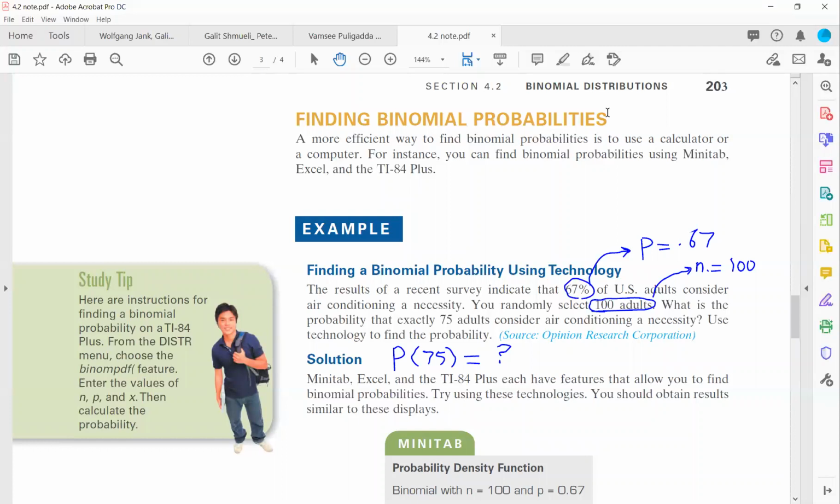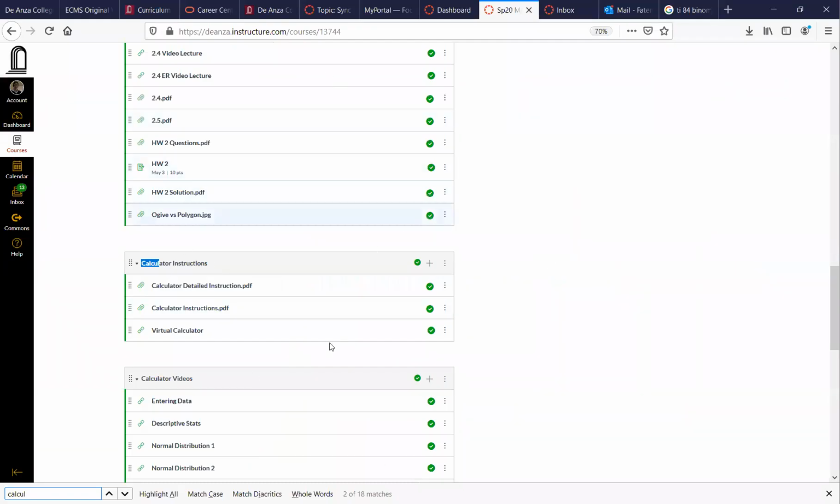Okay, perfect. Guys, we have to follow the instructions for binomial distribution. Please open your Canvas, calculator instructions. So let me share my screen with you. Go to Canvas, calculator instructions.